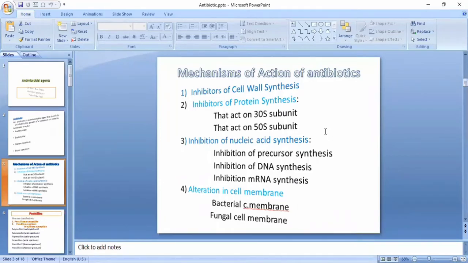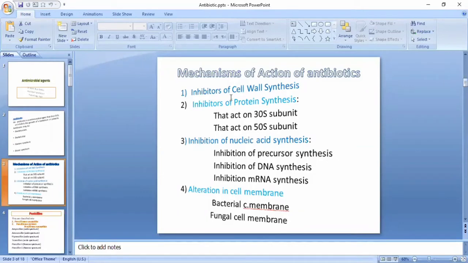Nevertheless, we take the antibiotics. These antibiotics are not active against our cells. They are active against the microorganisms because of some differences between the human cells and the microbes. So antibiotics have different modes of action.